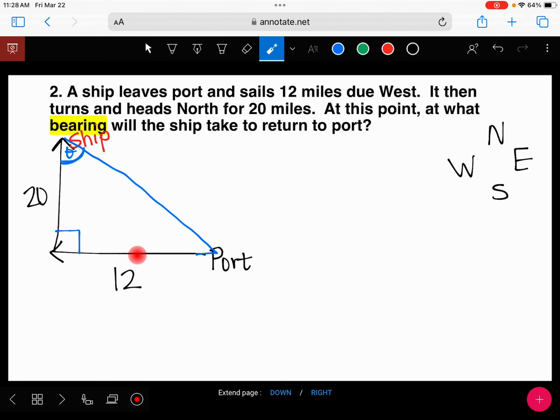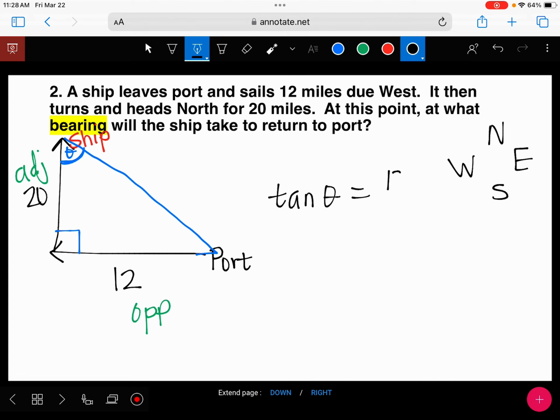So for this one, I was at the port. We went here, here. But where my ship is located right now is with the north. So again, we know that 12 is opposite and 20 is adjacent. So the tangent of my bearing is 12 over 20.